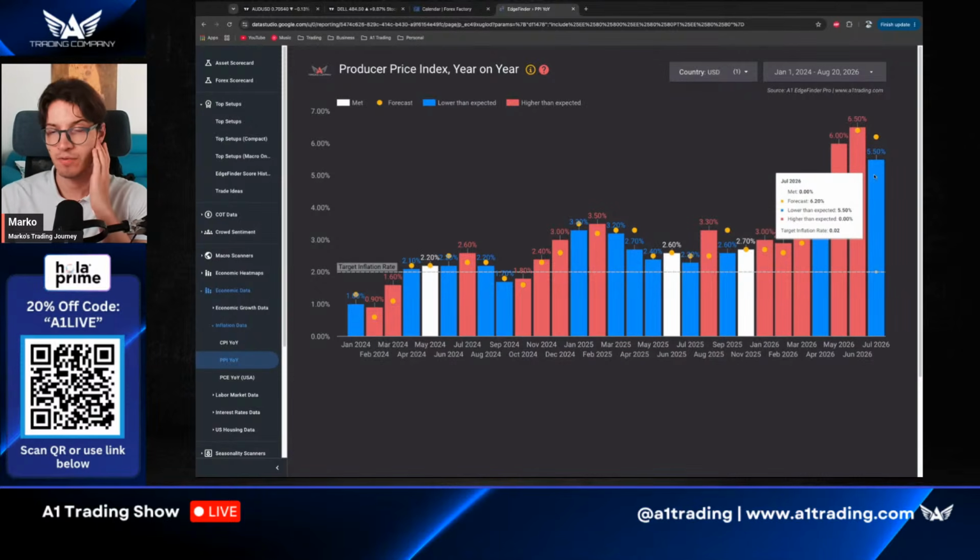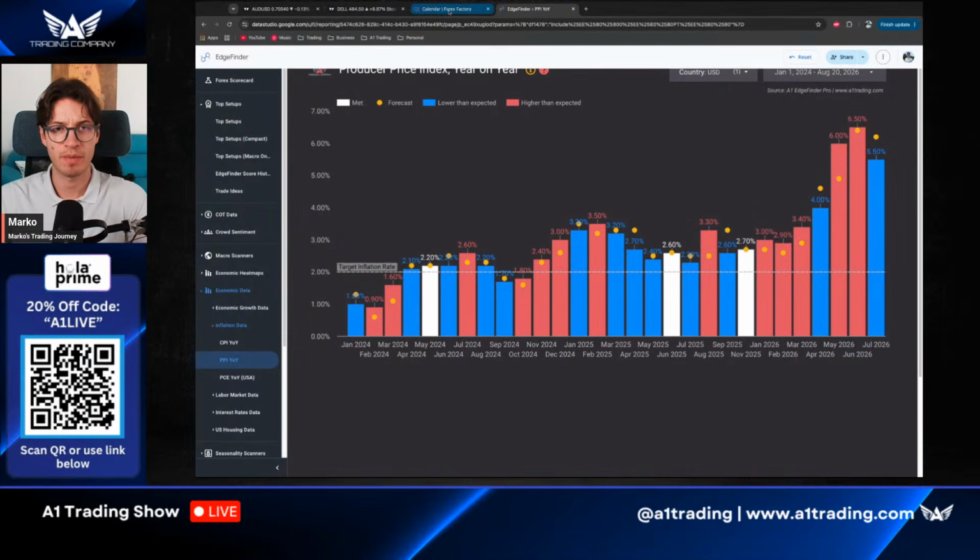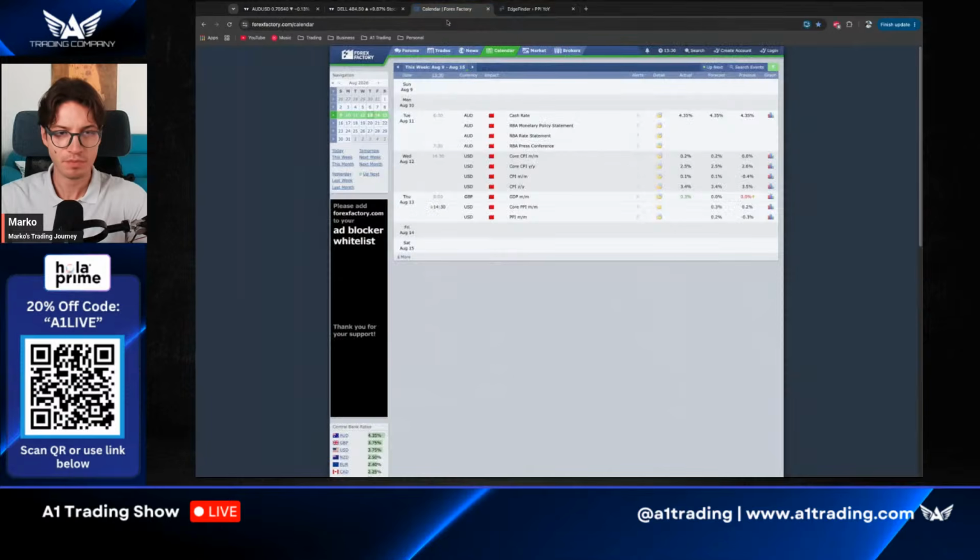July then went to 5.5, and the next one is probably a bit higher than 5.5. That's probably going to be the forecast. I can tell because the month-on-month is supposed to be a bump from 0.2 to 0.3, and the regular PPI is supposed to be from negative to positive. So a bit of a higher print.